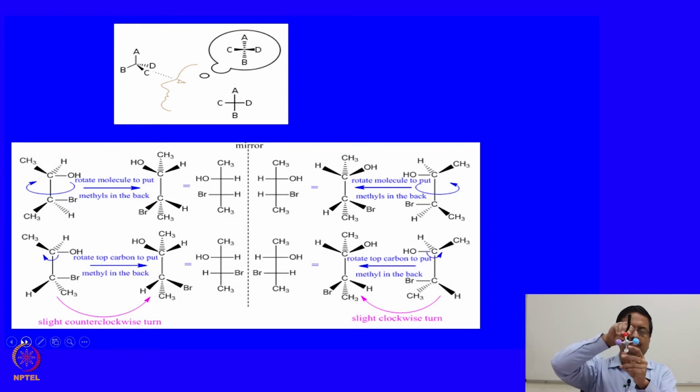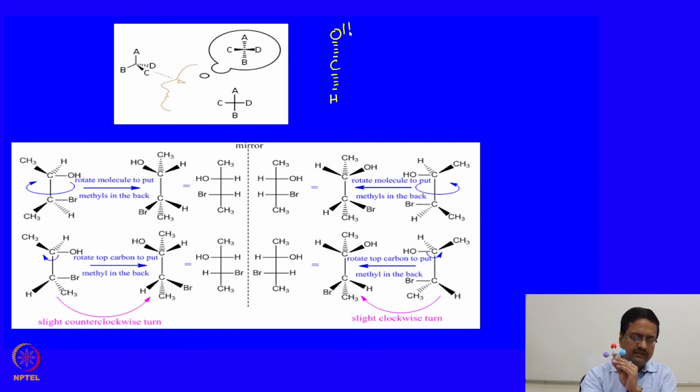So we should rotate it so that the oxygen is up and hydrogen is down. So what we do is oxygen up, carbon and hydrogen down. Maybe this is OH and that is hydrogen. And these two groups can be a methyl group and a chlorine atom.